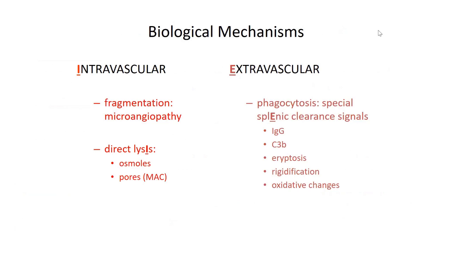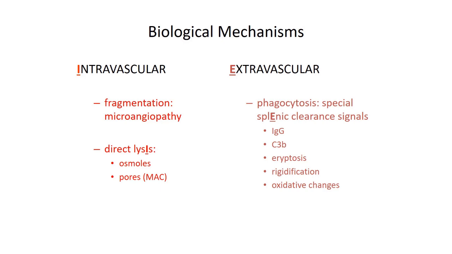The biological mechanisms of intra versus extravascular are often easily inferred, but there are some exceptions. So fragmentation hemolysis, osmolar hemolysis, and the pores of the membrane attack complex and paroxysmal nocturnal hemoglobinuria are obvious examples of intravascular lysis, but there are some examples of extravascular hemolysis that may not be quite so intuitive.